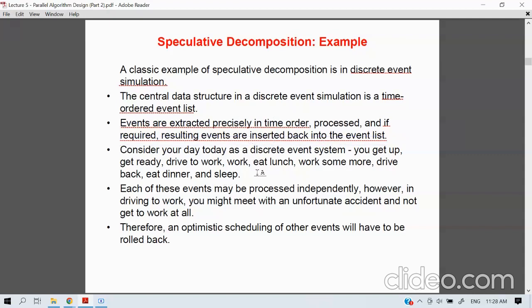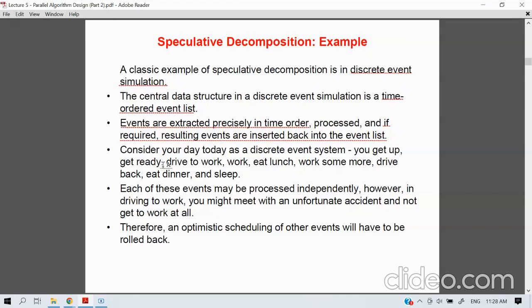So okay, please consider this one. Okay, kita punya activity, let's say we have this kind of activities or events. You get up, you get ready, you drive to work, eat lunch, work some more. Okay, these are the events or activities in our day. So these activities ni guys, dia buat timestamp. Dia ada time ordered event list. So each of these events may be processed independently.